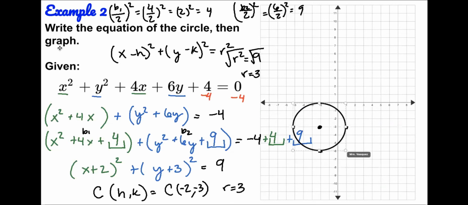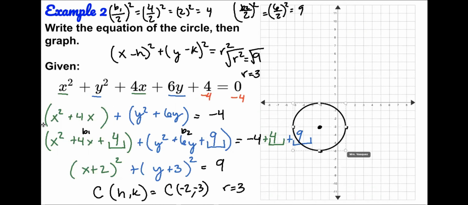If I were to write this equation in a graphing calculator or any graphing program, it would be the same. But in order for us to do it by hand, we have to modify our equation so that we can identify the center and the radius. Once we have those 2 items, boom, we can graph it.